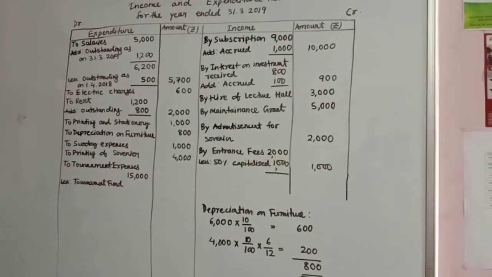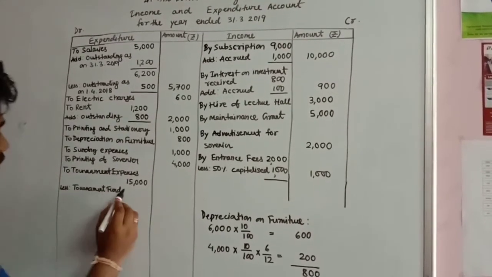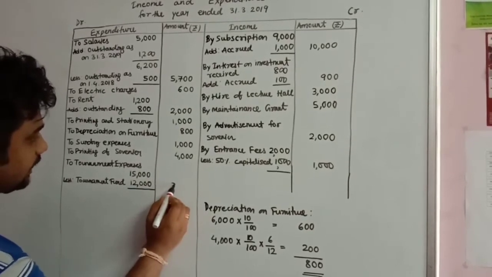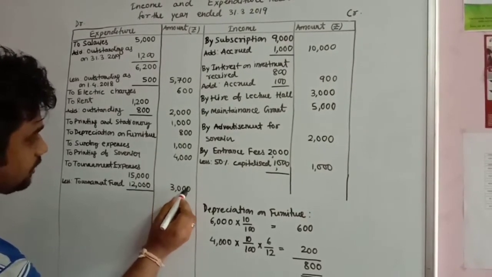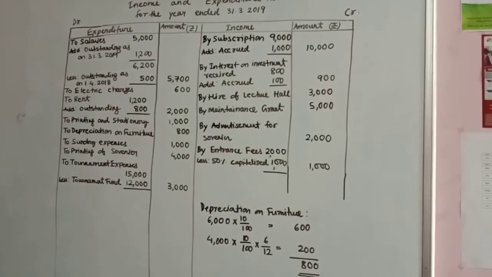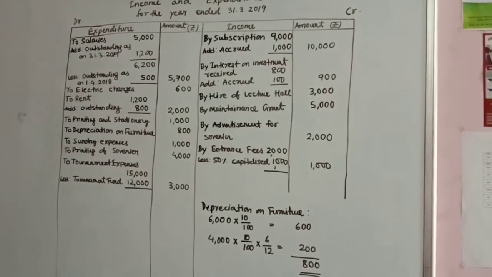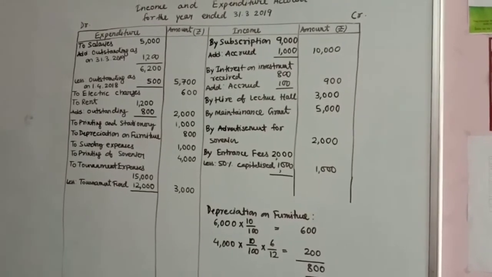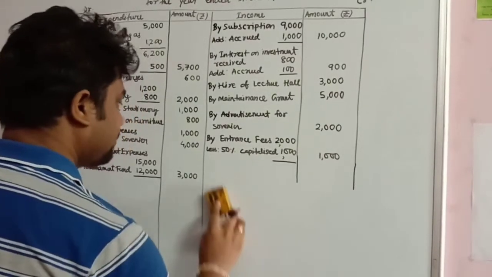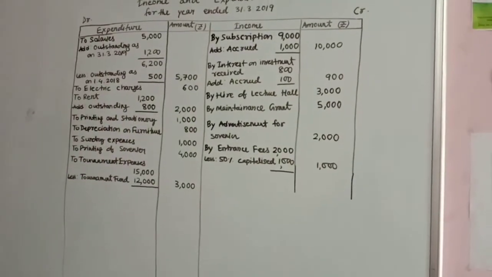Now you see, tournament fund amounted to only 12,000, whereas your tournament expenses are 15,000. That means you have to spend 3,000 rupees more. So that will be treated as an expenditure while preparing the income and expenditure account. So these are the different items of expenditure we have found out from the question that is provided.